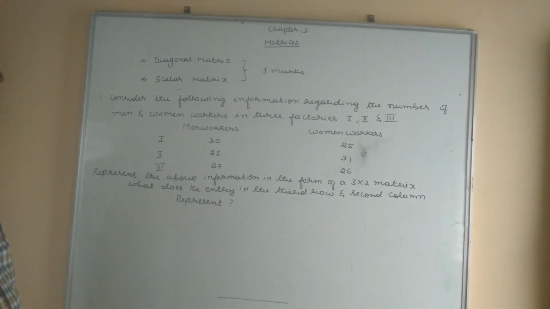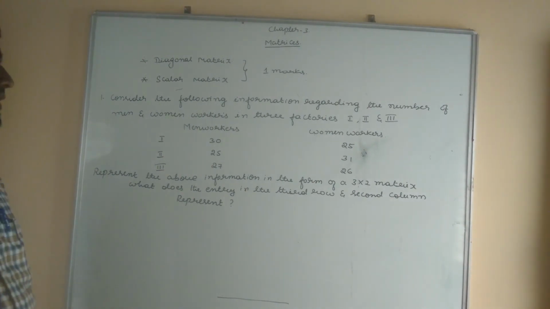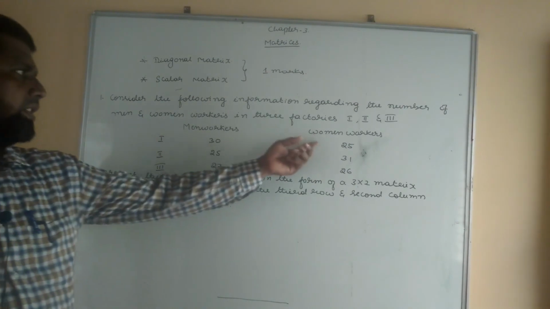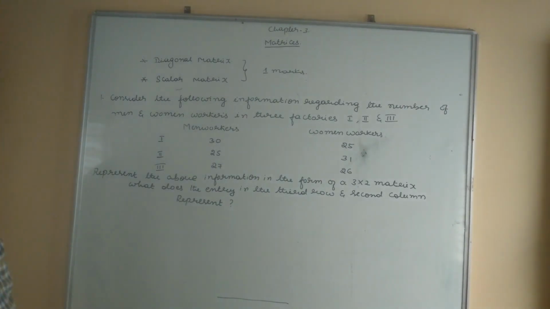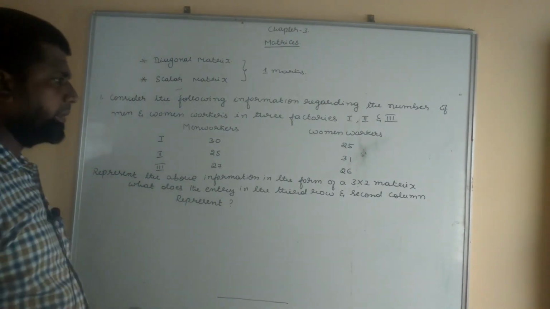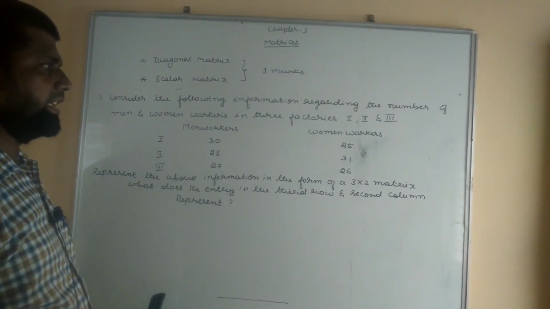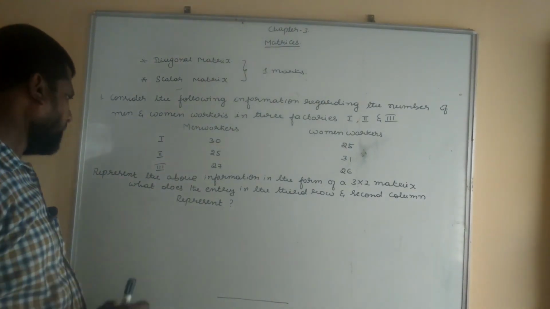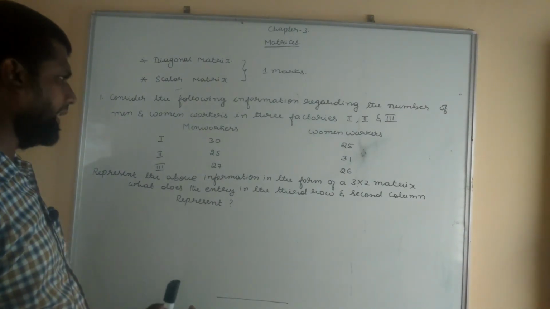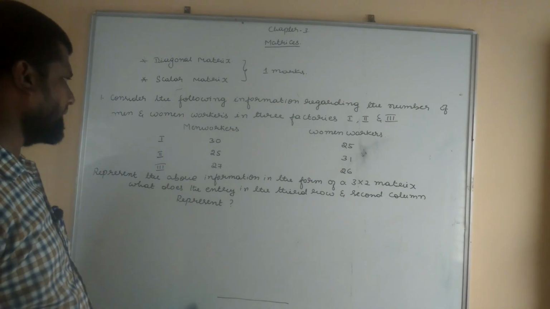First, second and third. Men workers are written in one column and women workers in the other column. Represent the above information in the form of a 3x2 matrix. What does the entry in the third row and the second column represent?